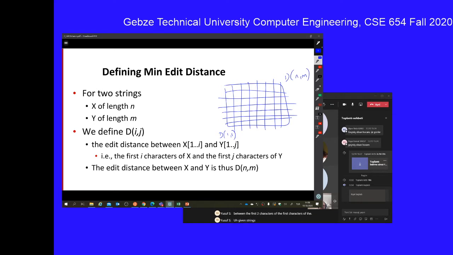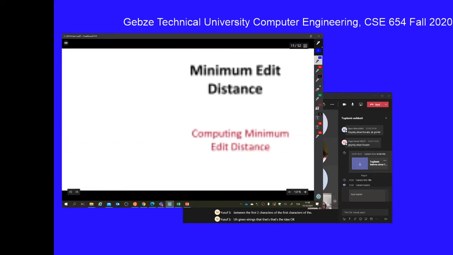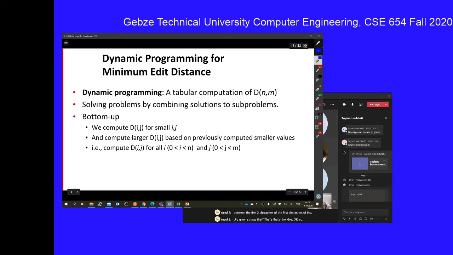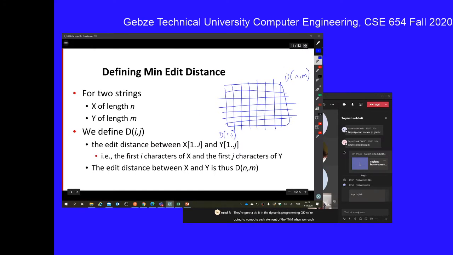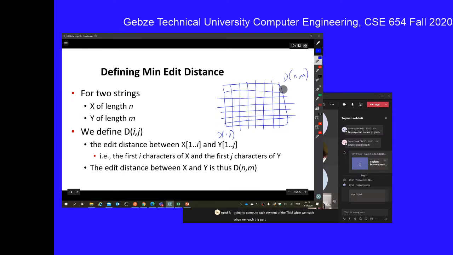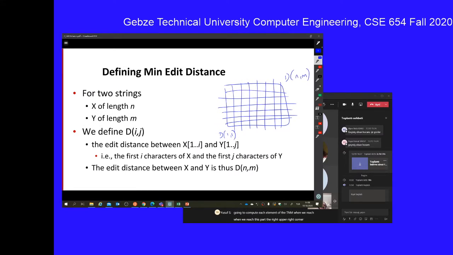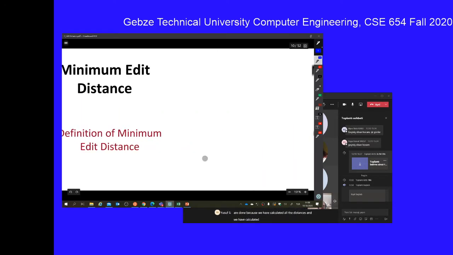That's the idea. We are going to do it with dynamic programming. We are going to compute each element of D[n][m]. When we reach the upper right corner, then we are done, because we have calculated all the distances and we have calculated the two whole words.